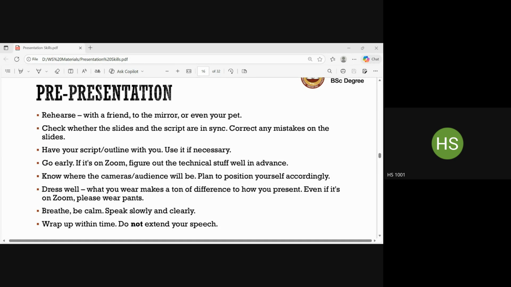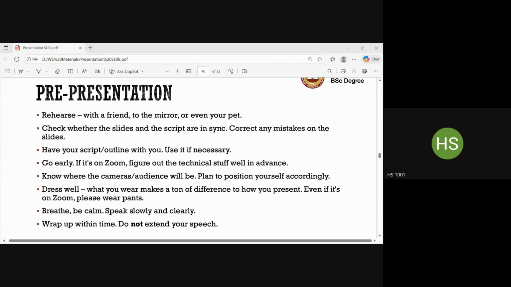Skipping pants, for instance. You feel like just wearing formal attire on your torso should be enough, given that this is an online presentation. However, you need to make sure that you're dressed for the part and not dressed partially for the part.